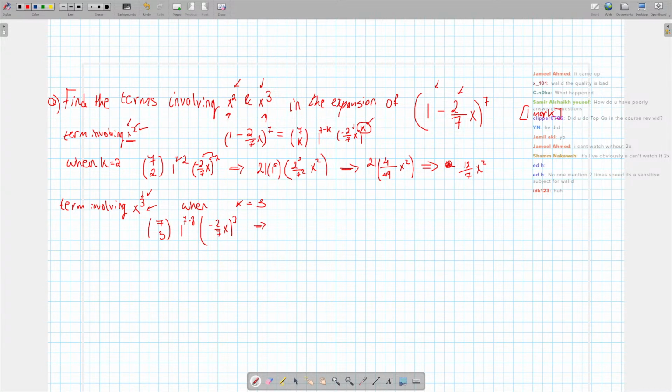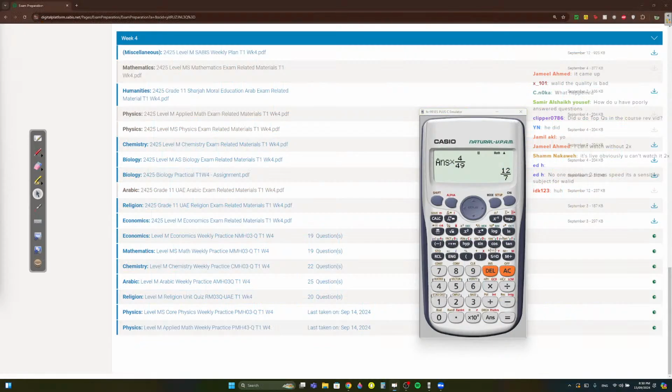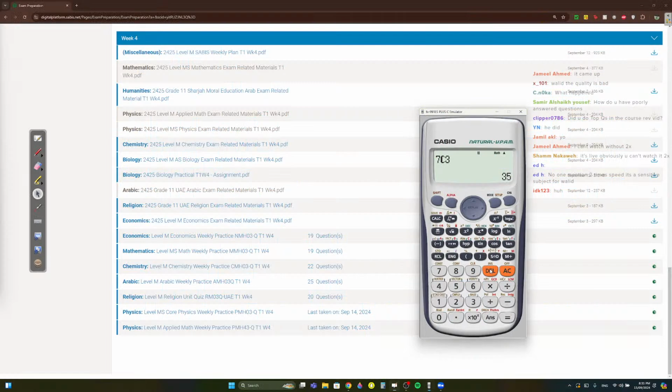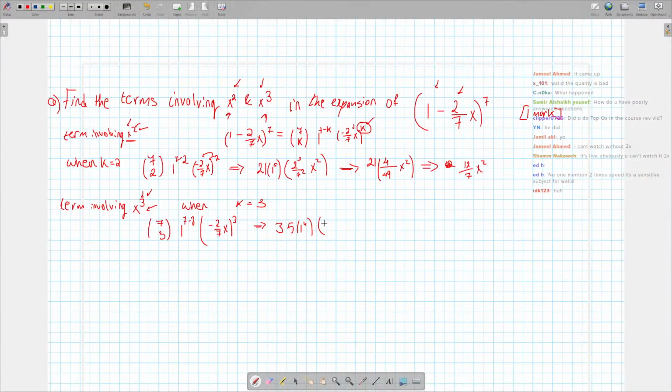Let's evaluate this. 7C3, on the calculator, is 35. 1 to the power of 4, and we put minus 2 over 7 to the power of 3 on the calculator because it's way easier like that. That's minus 8 over 343. And x cube is just x cube.